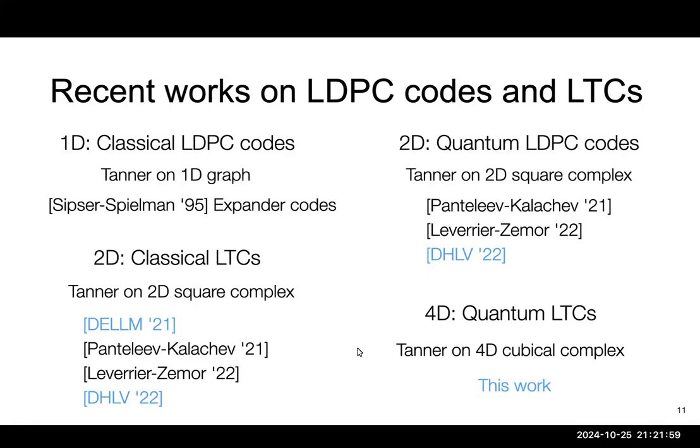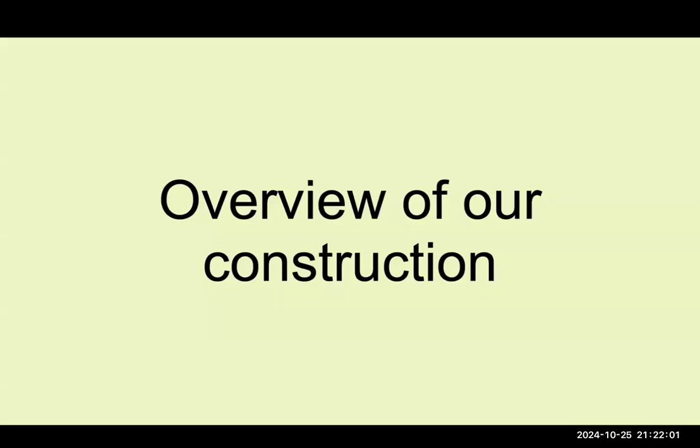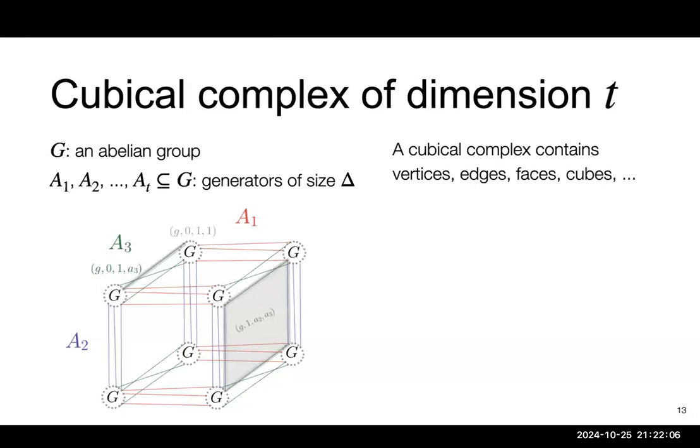Okay, so let's now talk about the construction. For our construction, we start with the cubical complex. For our actual construction, we use complexes of dimension 4, but for illustration purposes, we'll mainly focus on dimension 3 because it's easier to visualize. The input is an abelian group and T sets of generators.